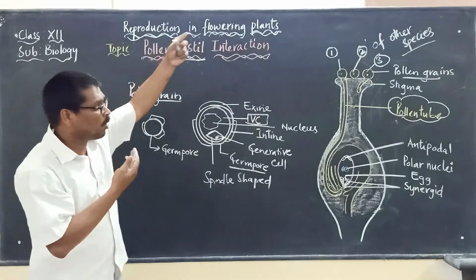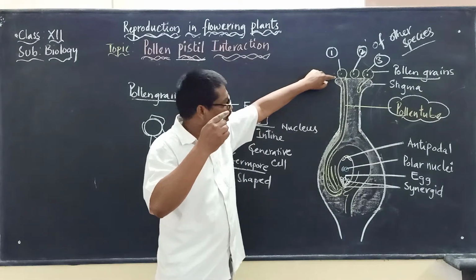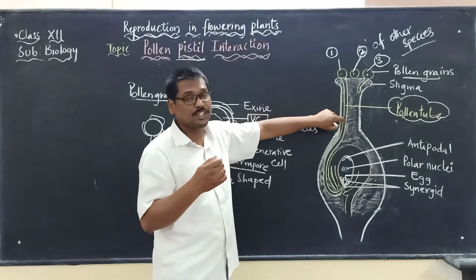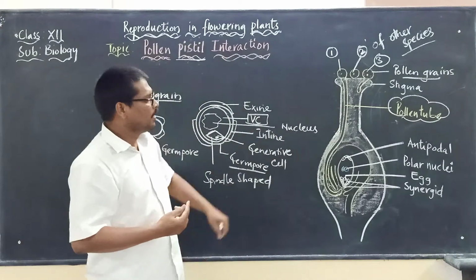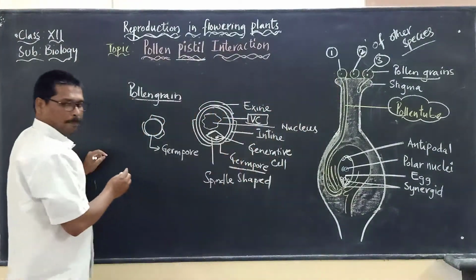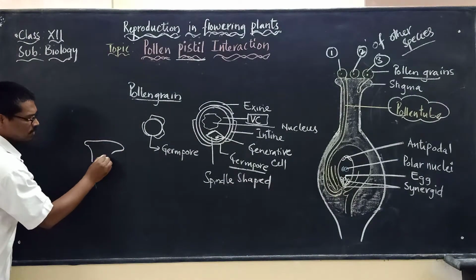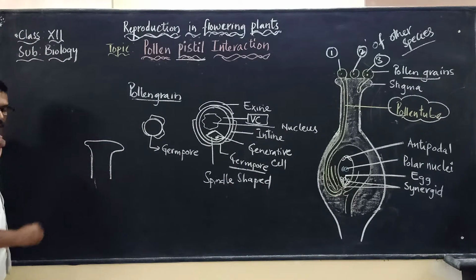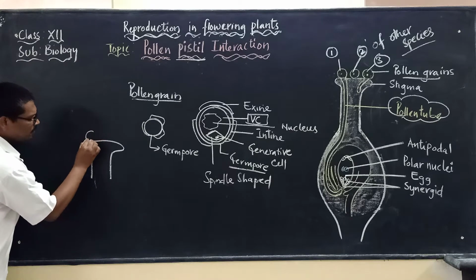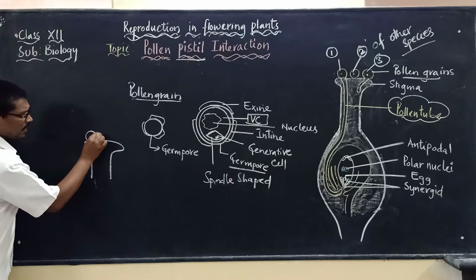When the right type of pollen grain, which will produce the pollen tube when it undergoes germination, falls on the stigma, there are some points we have to keep in mind.